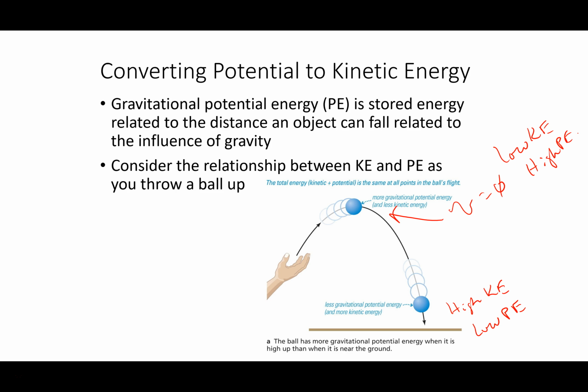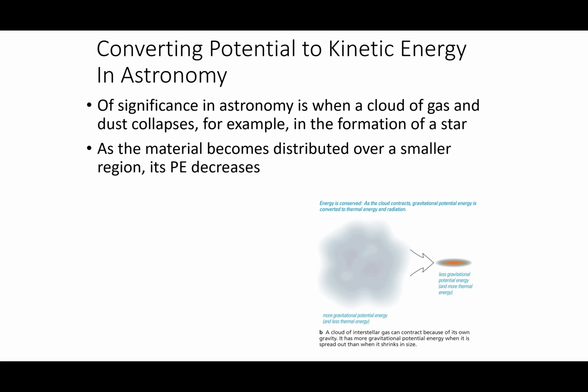One more thing with regard to potential and kinetic energy, and this has to do with the formation of stars, the formation of planets. Well, I guess we only have one sun. When we talk about the formation of our sun, we're going to say it started back in this big cloud. Ultimately, the atoms came together and formed our sun and our planets. Here's the deal with potential energy and kinetic energy.